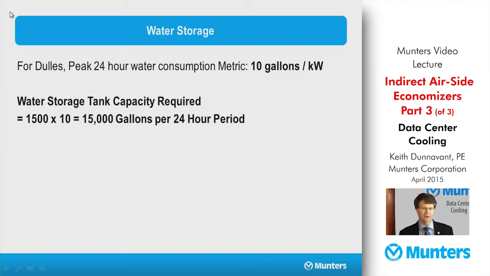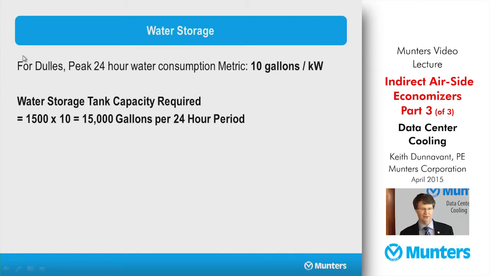Normally you would size a storage tank for a peak 24-hour period. So we look at all 8,760 hours of the typical TMY3 and we select the worst case 24-hour segment of water consumption.